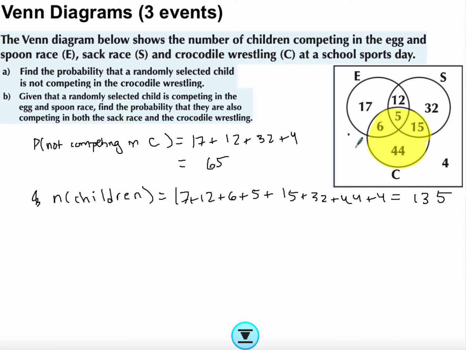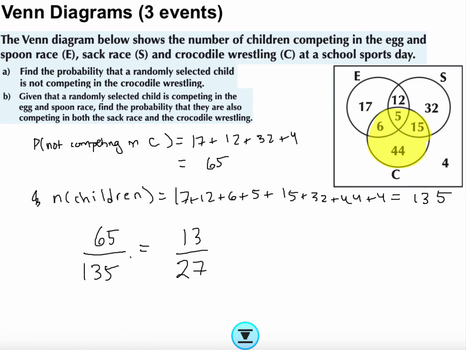Now out of all of these kids, if I pick a child at random, there's 65 out of 135 chance that this kid did not participate in the crocodile wrestling. So this is the probability as it is. Remember, you always have to divide by the total. And this could simplify to 13 out of 27.